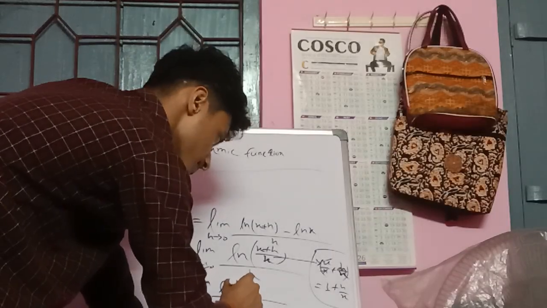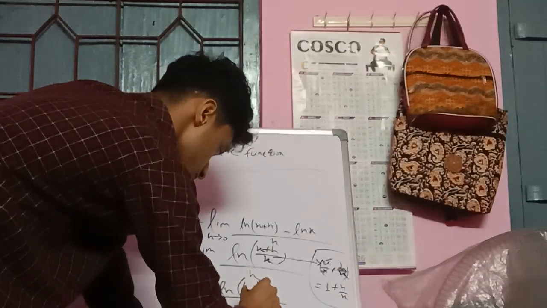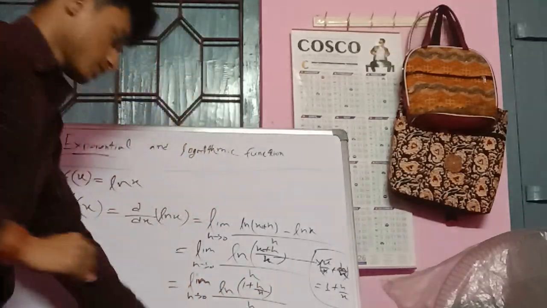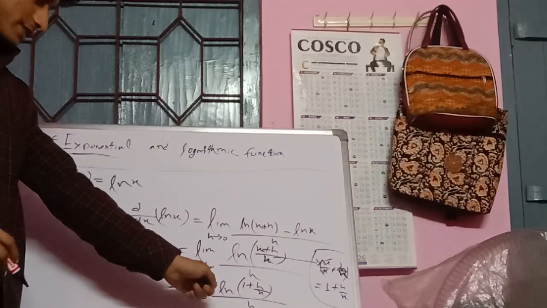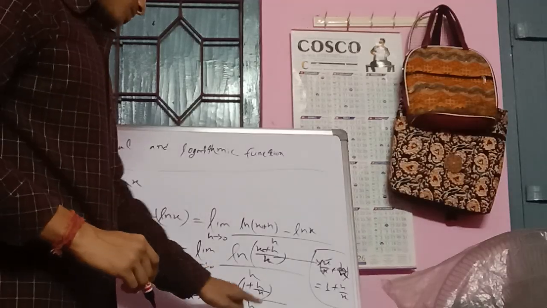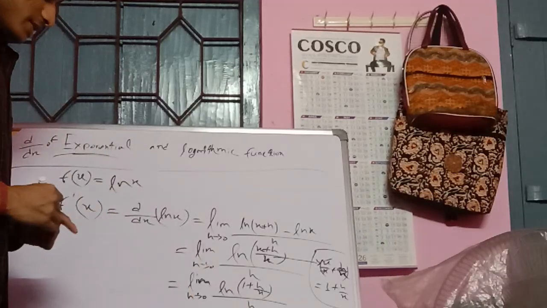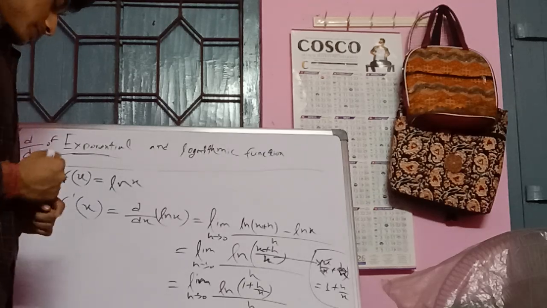This would just become 1 plus h over x inside the natural logarithm function, the whole thing divided by h. Okay.